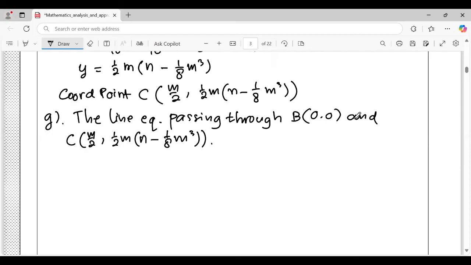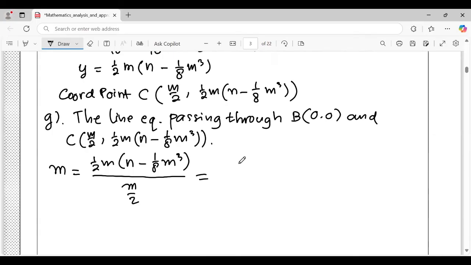Okay, we are going to find the line. We need to find the gradient. The gradient m is y over x: half m times n minus 1 over 8 m cubed, over m half.